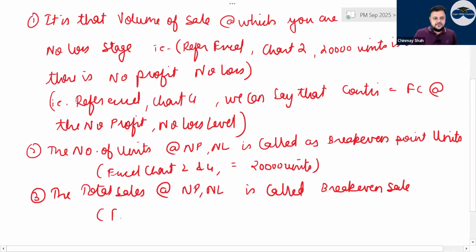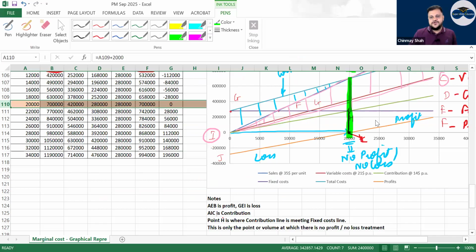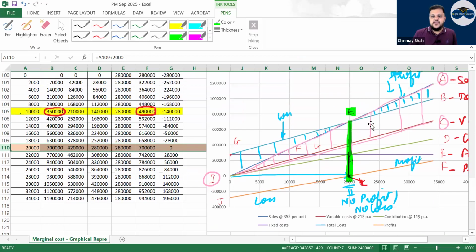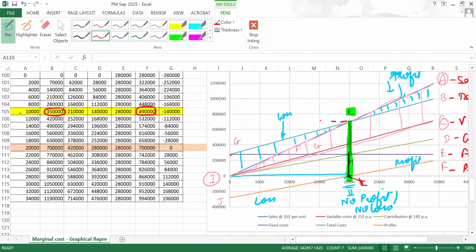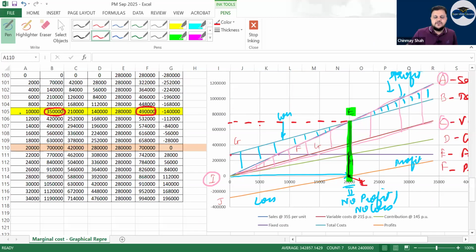In the Excel chart, tell me what is the sale amount at 20,000 units? How much is it? Have a look. Go to the sales line. Point E. How much is the sales? Tell me. Point E. 700,000.